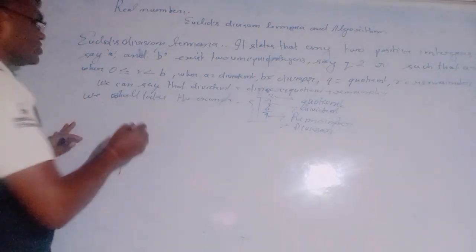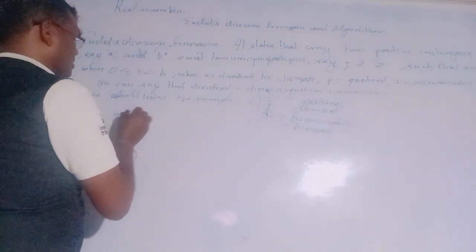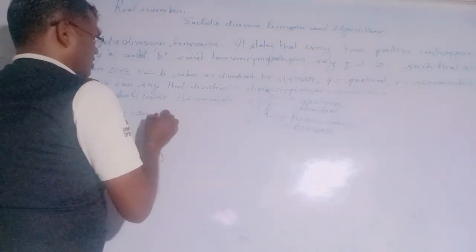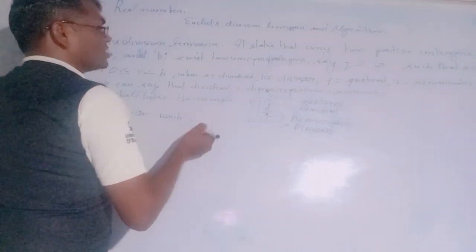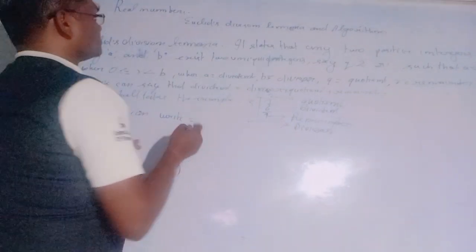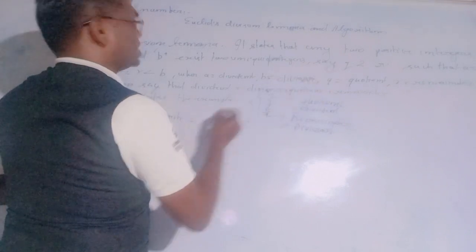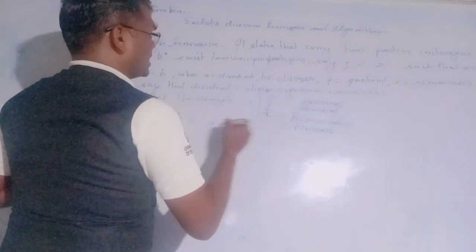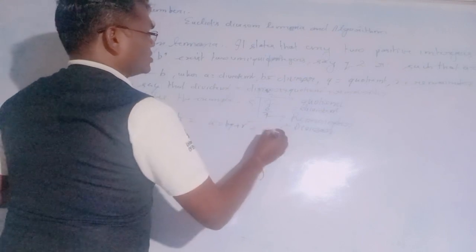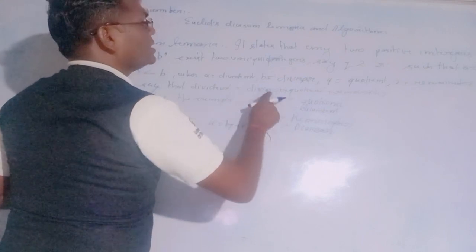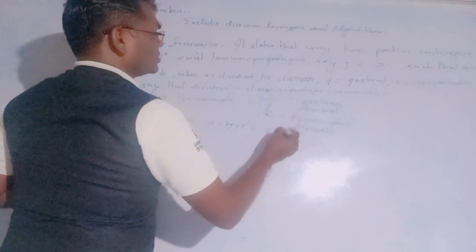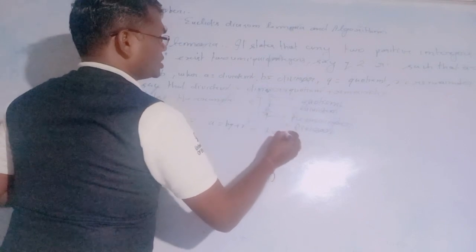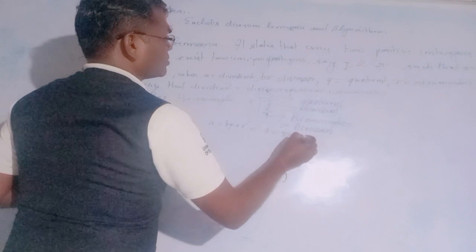We can write, as a formula, a is equal to bq plus r. So here 7 is equal to bq plus r, that is, 3 into 2 plus 1.